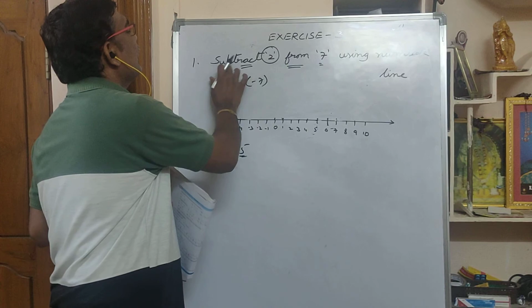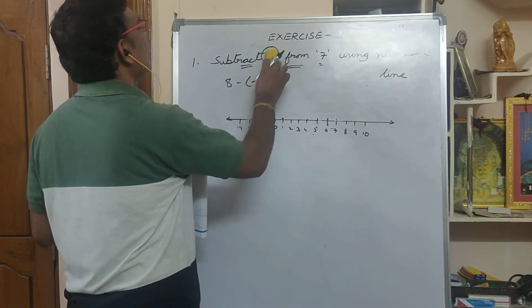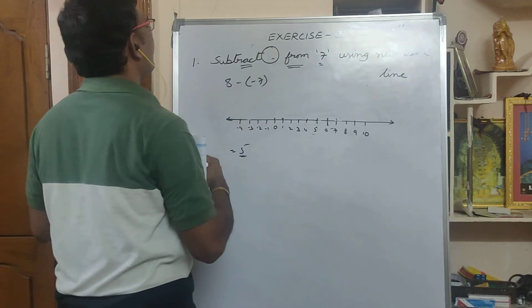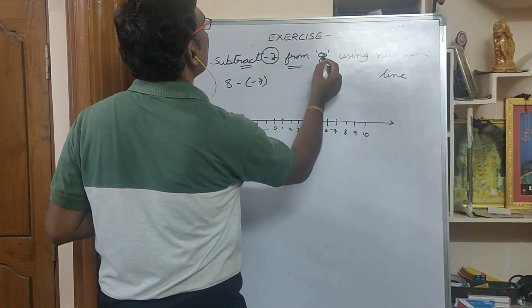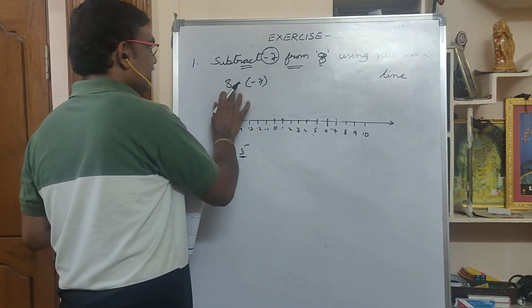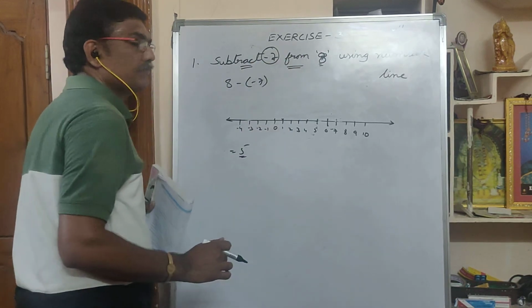In written form, how do you write this? That is, subtract minus 7 from 8. So they may ask like this or they may ask like this: subtract minus 7 from 8.